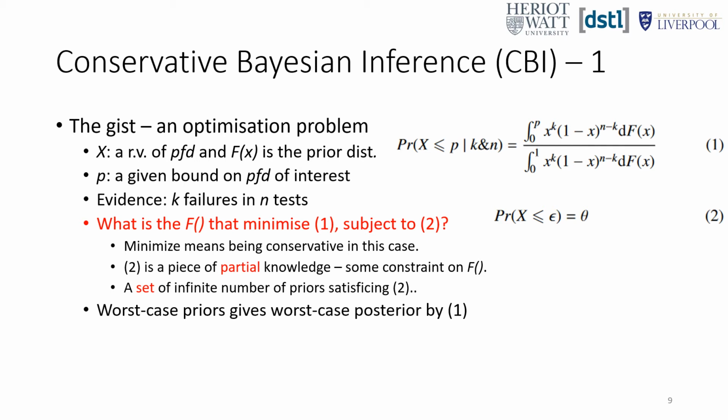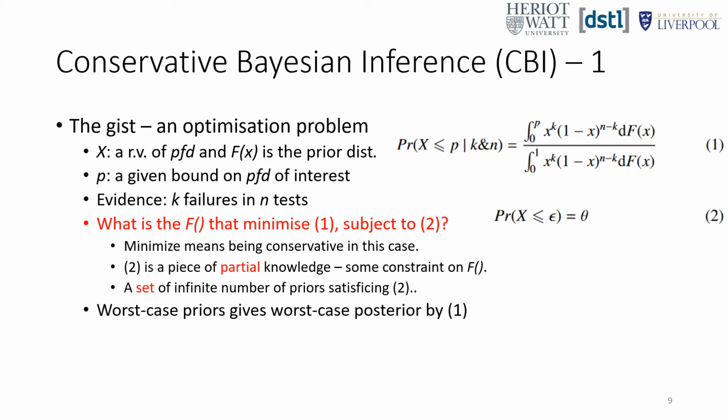Essentially, this equation 1 is about a posterior confidence bound on this given P. Instead of assuming a complete prior distribution for f(x), CBI only requires some very partial prior knowledge, like the one in equation 2, which is basically a piece of confidence bound on PFD. Then CBI solves an optimization problem: what is the prior distribution f(x) that minimizes the objective function 1 subject to the constraint equation 2.